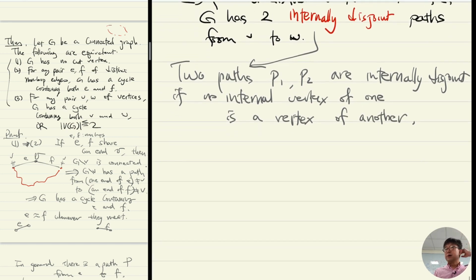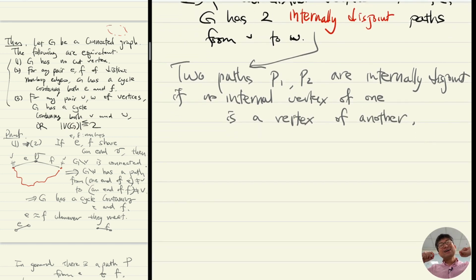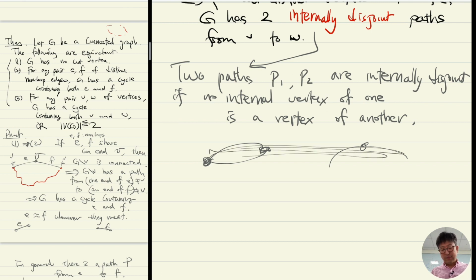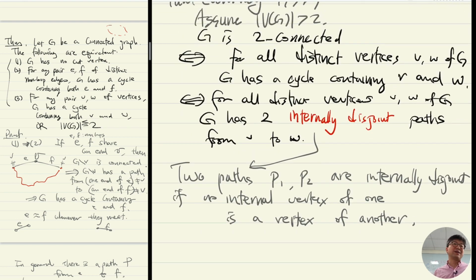I cannot say that they are vertex disjoint because they look like this. These two vertices are in common, but no internal vertex is a vertex of the other. So that's what we mean by internally disjoint. That's another characterization of two connected graphs.